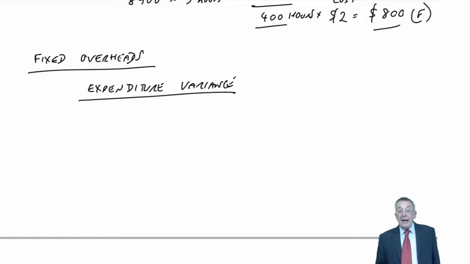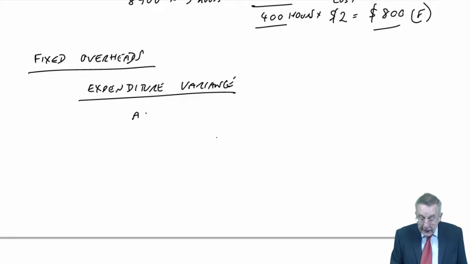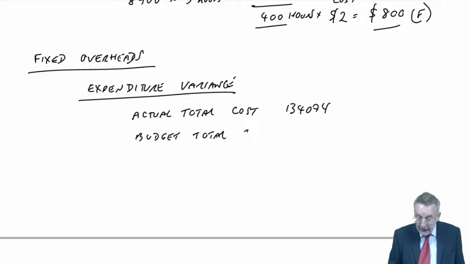And the expenditure variance couldn't be easier, the most logical one of all. We compare the actual total expenditure, which was 134,074, with the budget total expenditure, which was 130,500.